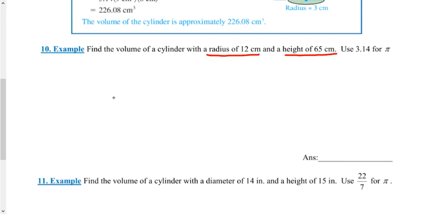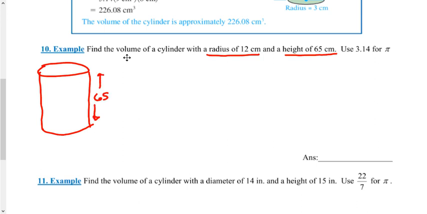So I always like to think about drawing it out just to make sure I have the right picture in my mind here. Now, even if it's not drawn to scale, this is 65 centimeters. And then the radius is 12. So I'm going to put a little dot on there and put that there. And we call that 12 centimeters.